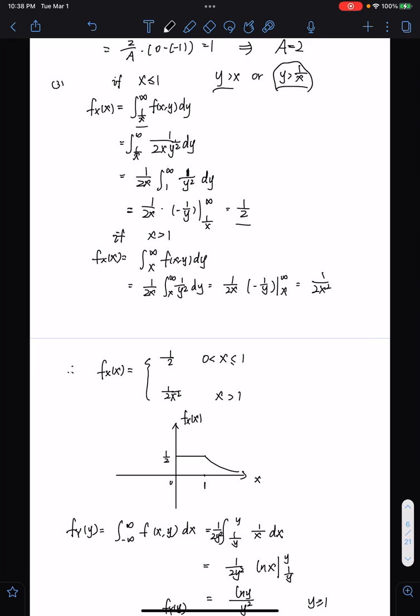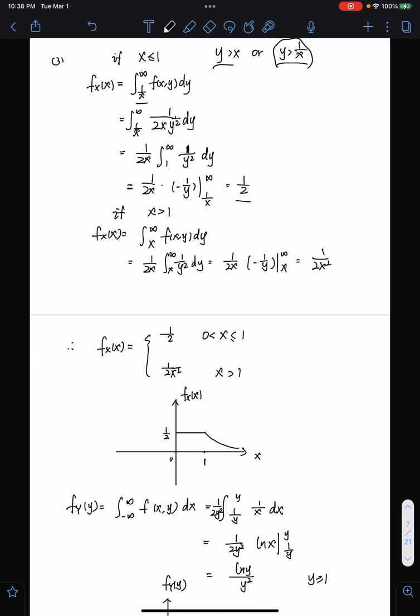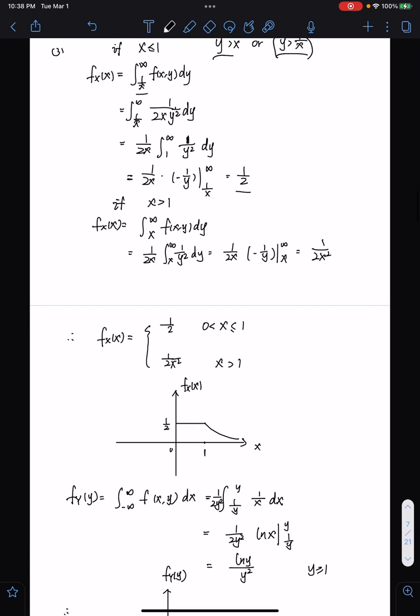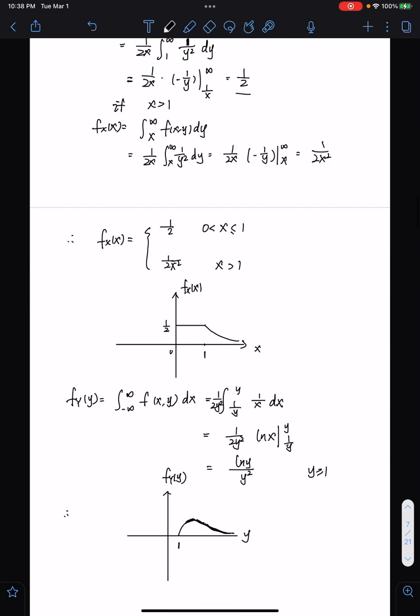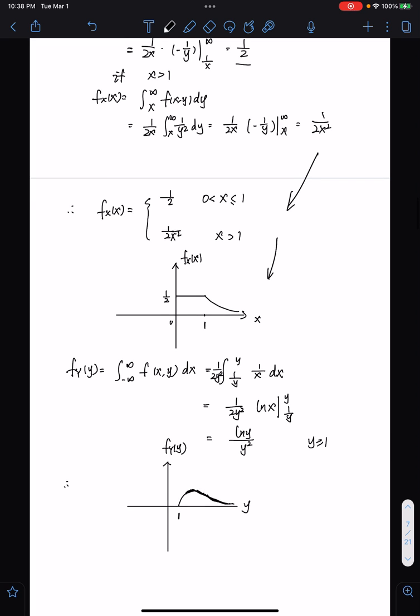If x is larger than 1, the lower bound will change to x, so we also do the integral of 1 over y squared with lower bound x and upper bound infinity, and we get the density function of x equals 1 over 2 times x to the power of 2. And we can write them together and draw the graph of the density function of x.